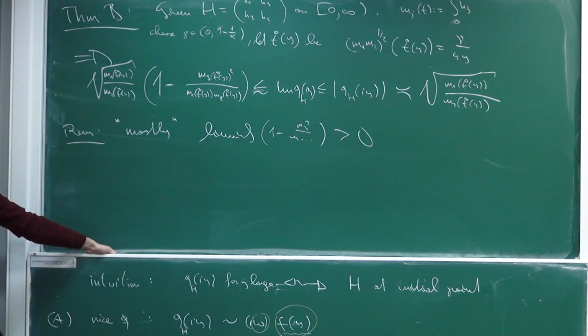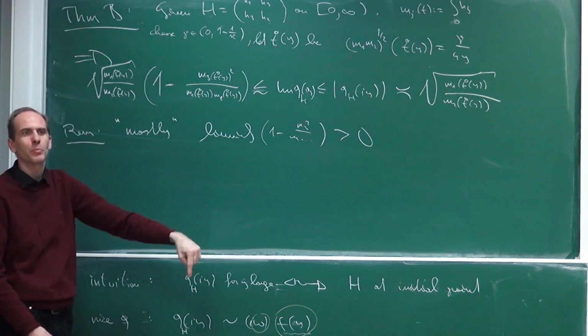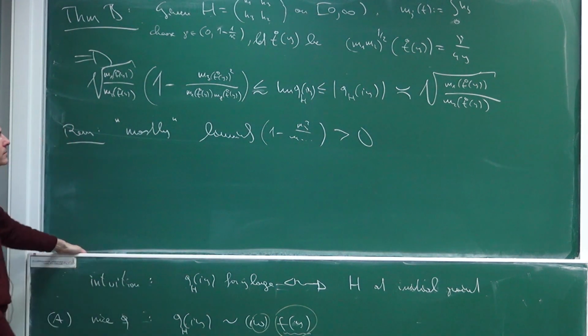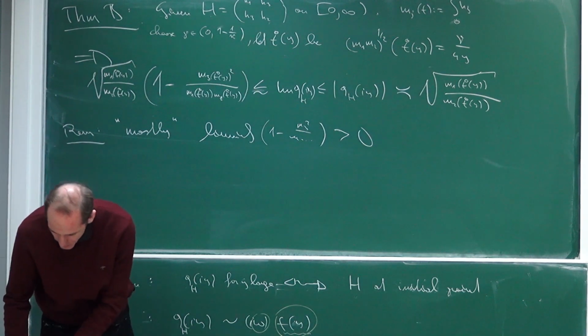So if you more or less probabilistically pick one Hamiltonian, then you have a good chance that that will be positive and the bounds on the left and the right will be comparable. Okay. So this is this one theorem.